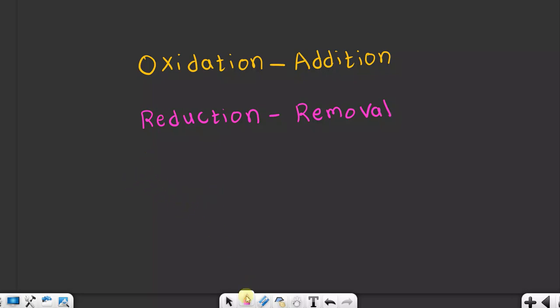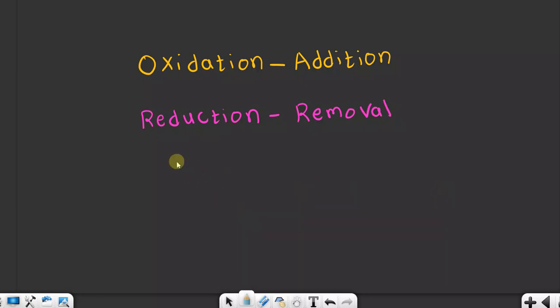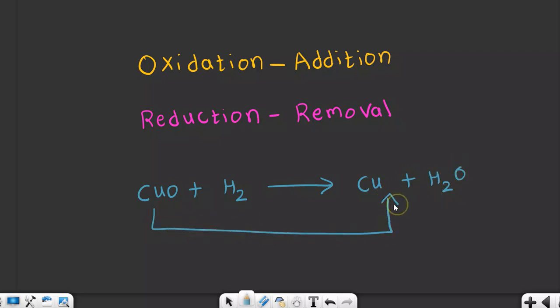For example, as we have seen in the previous example, copper oxide plus hydrogen gives us copper plus water. Copper oxide is getting converted into copper, so removal of oxygen is taking place. That is why this is a reduction reaction.